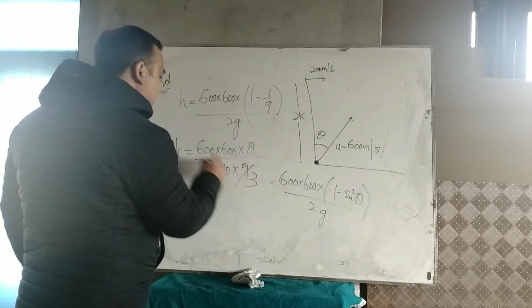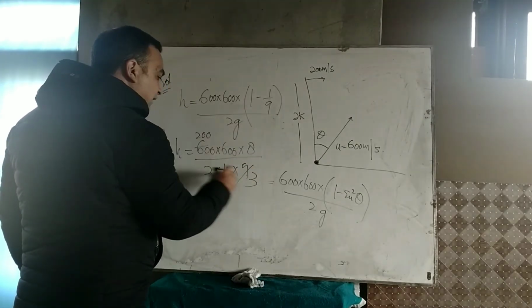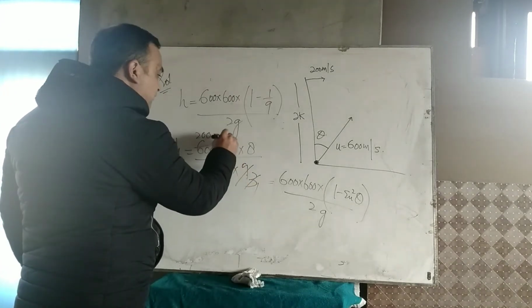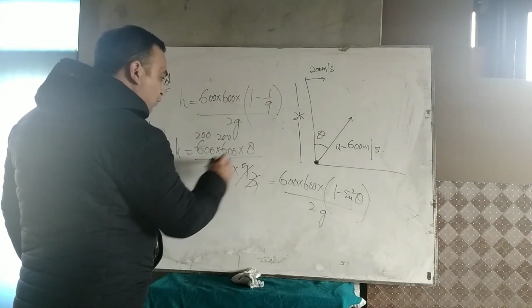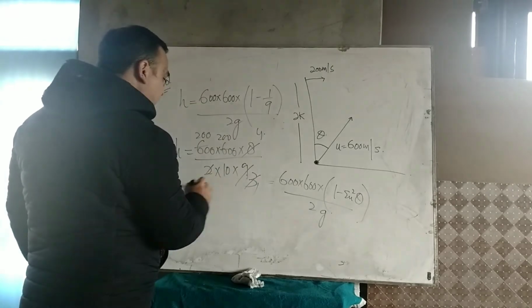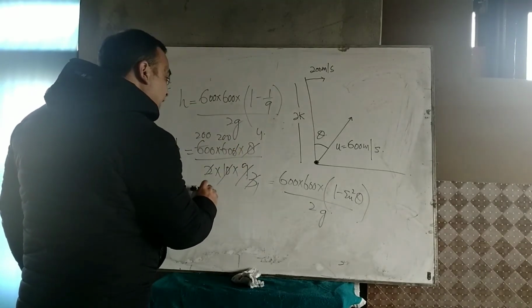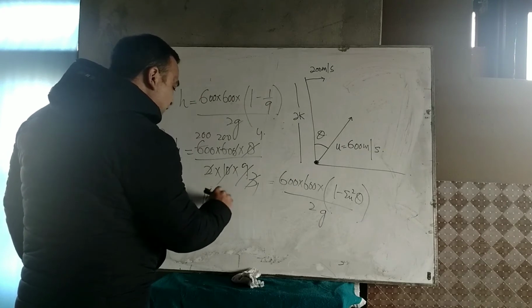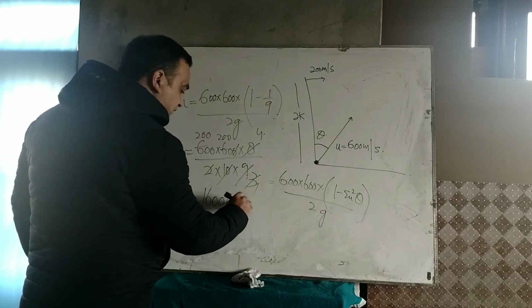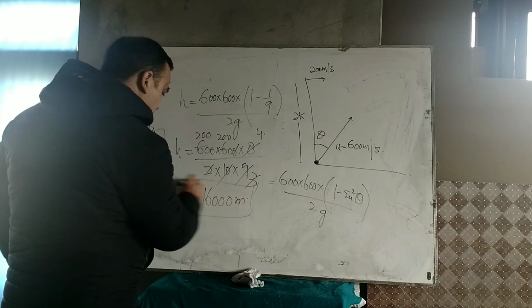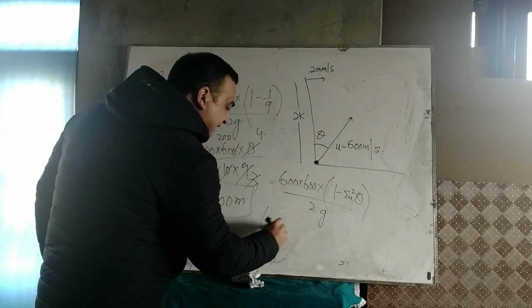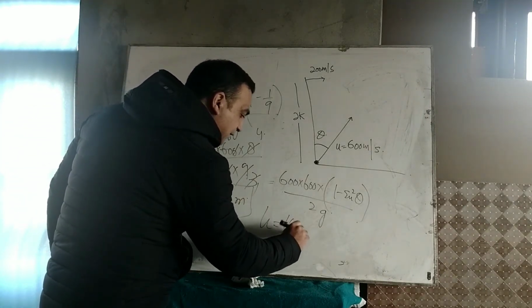So this is 3 3s are, this is 3 2s are, this is 3 1s are, this is 3 2s are, this is 2 1s are, 2 4s are, this 0 and 0 will go. So h will come out to be 16,000 meters. So the maximum height is 16 kilometers.